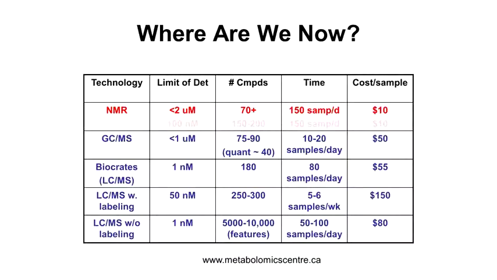So if all the stars align, or if continued advancements happen in both NMR and in the lab, I can see the day not too distant from now where, in fact, NMR meets all these goals of having detection limits of maybe 100 nanomolar, where it's routine to see and measure and quantify 150 to 200 compounds. And maybe the throughput will continue to climb to above 150 samples a day and continue to drop in cost.